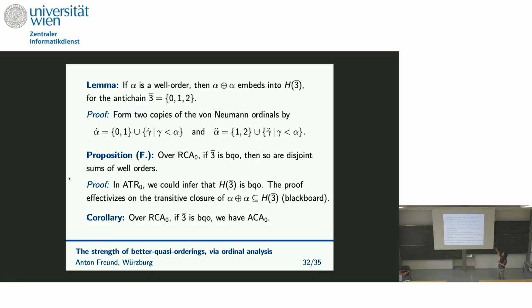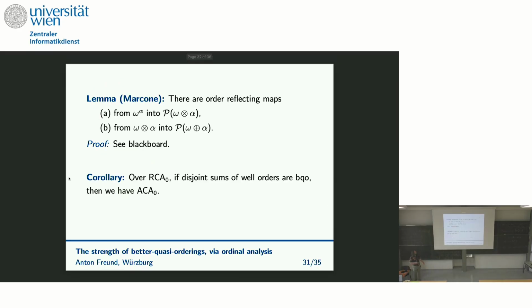Let's apply some infinite operation to the anti-chain with 3 elements, namely this H operation. So H was the set-theoretic universe over 3 incomparable Ur elements, or maybe just the hereditarily countable sets over 3 Ur elements. And what do I want to do? Well, on the previous slide, I saw that somehow having disjoint sums of well orders would be nice.